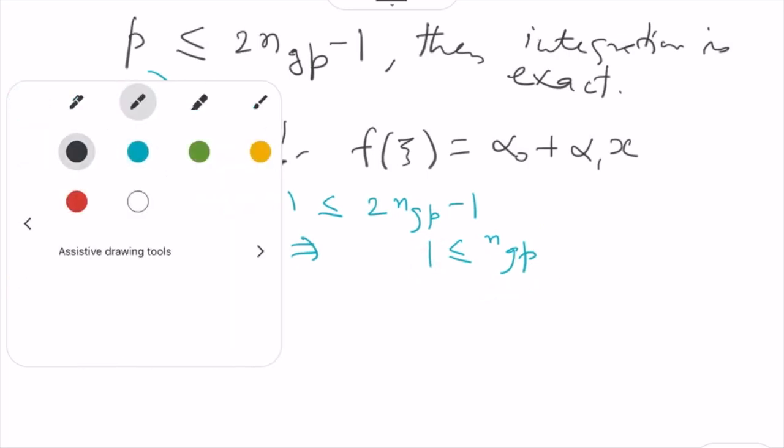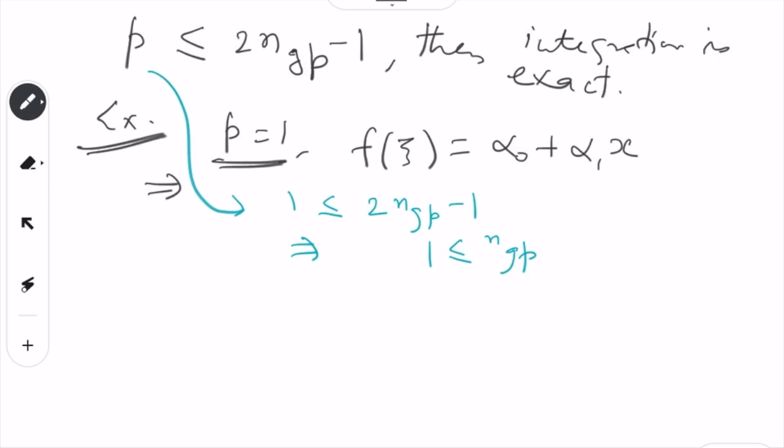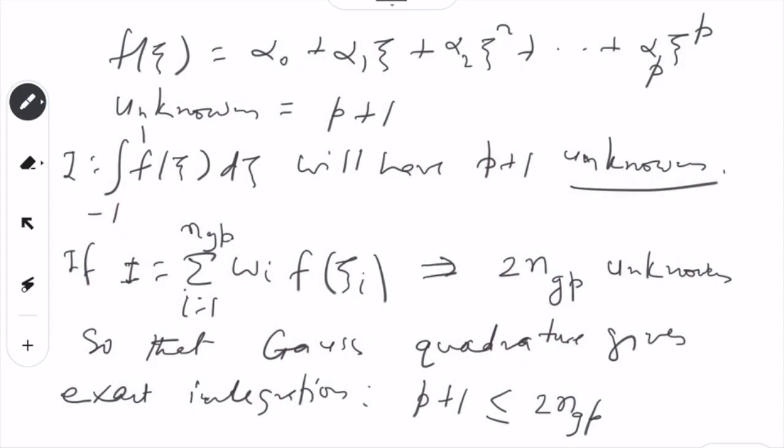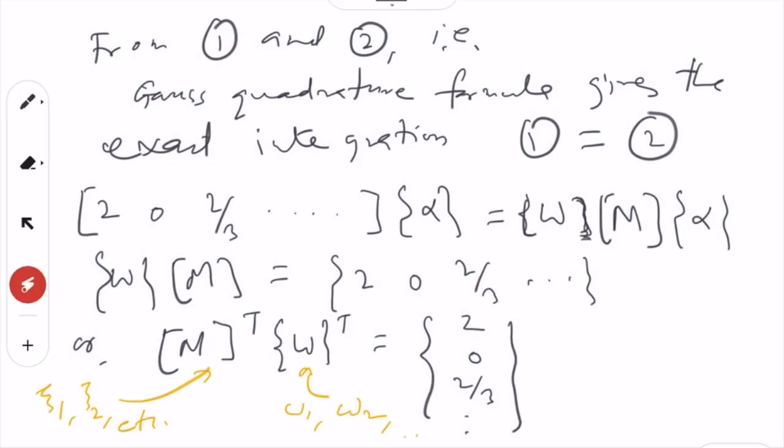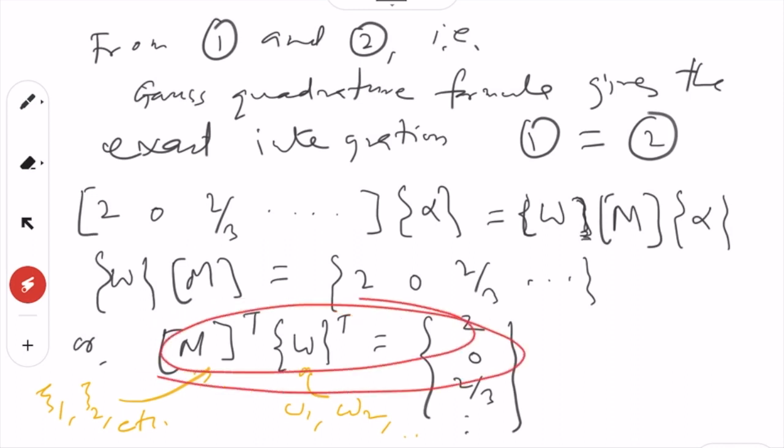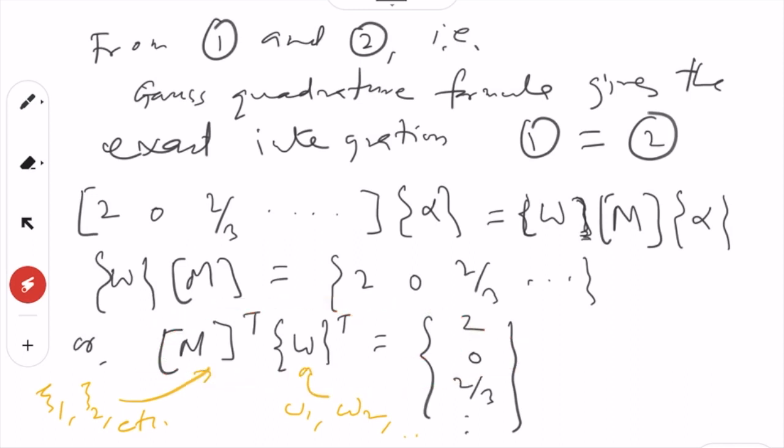It tells you that just one point can exactly integrate. And how to find out? So let's go to this earlier equation, and we know that in this case we have p equal to 1, and hence we have M times W equal to the integral values, right?